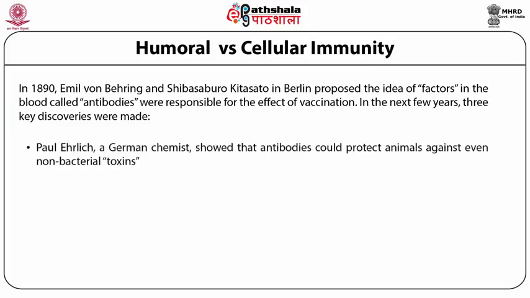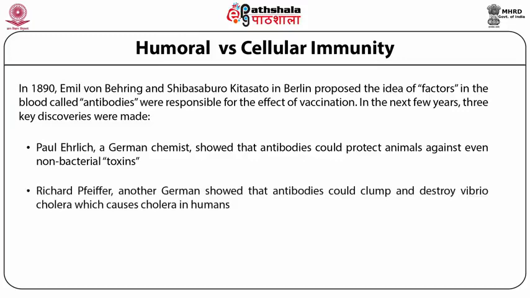Paul Ehrlich, a German chemist, showed that antibodies could protect animals against even non-bacterial toxins. Richard Pfeiffer, another German, showed that antibodies could clump and destroy Vibrio cholerae, which causes cholera in humans.